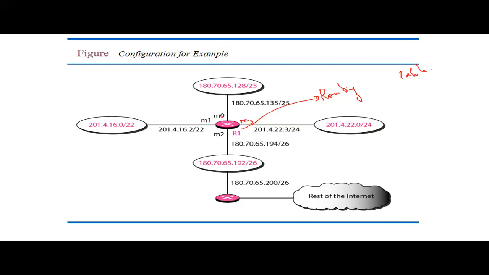These 4 interfaces are connected to 4 different networks. The first is 180.70.65.128 and the next is 201.4.16.2, with /25 and /22 as the masks. Then the next networks are 180.70.65.192 and 201.4.22.0.